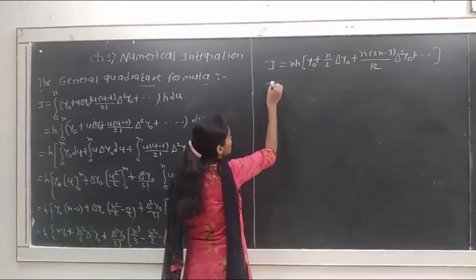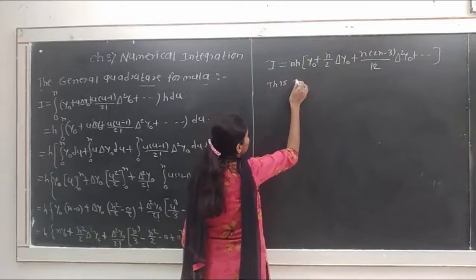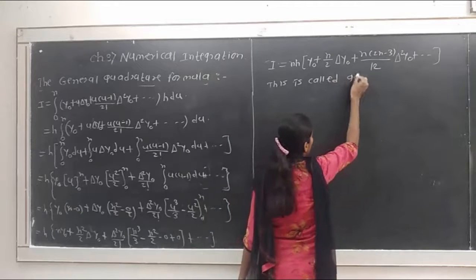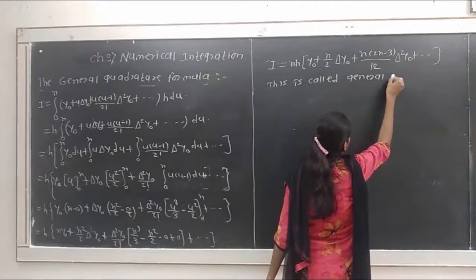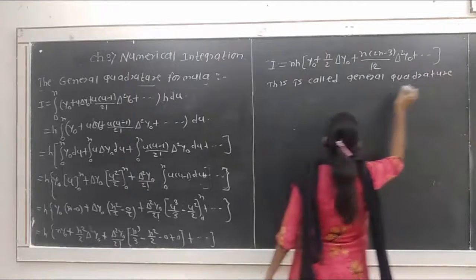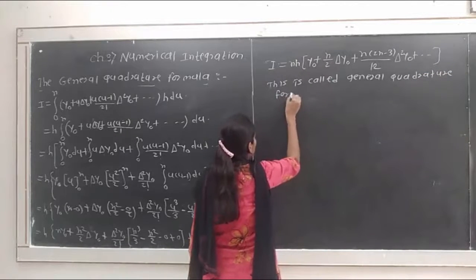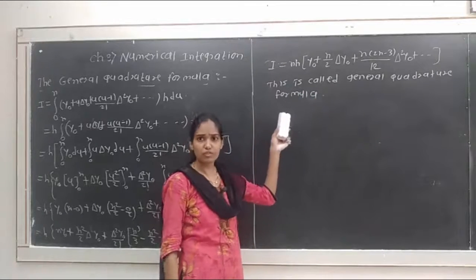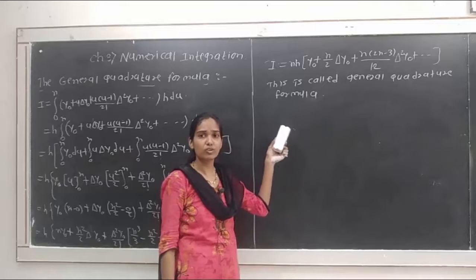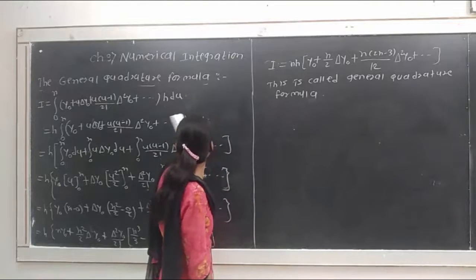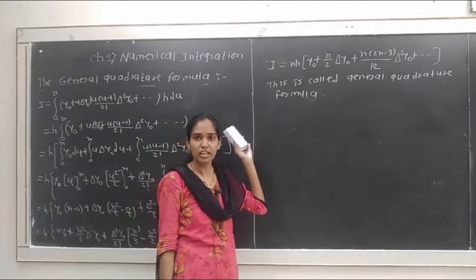This is called the general quadrature formula. Here, if we put n is equal to 1, 2, 3 and so on, then we get the formulas for numerical integration.